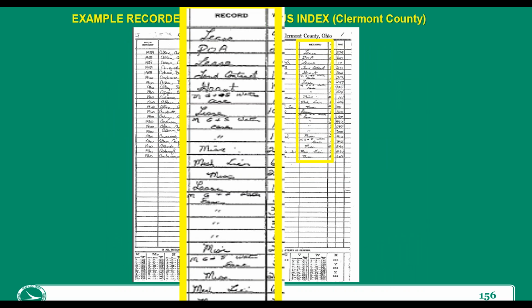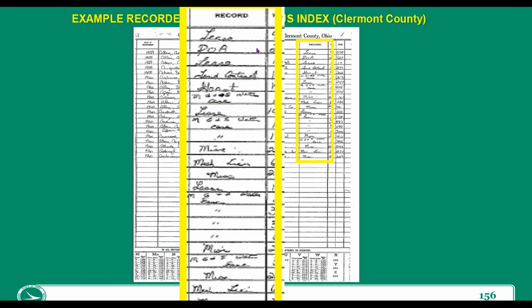But what I want to show you, and that wasn't supposed to come up like that, but as you can see, this is a copy of Claremont County's miscellaneous book.